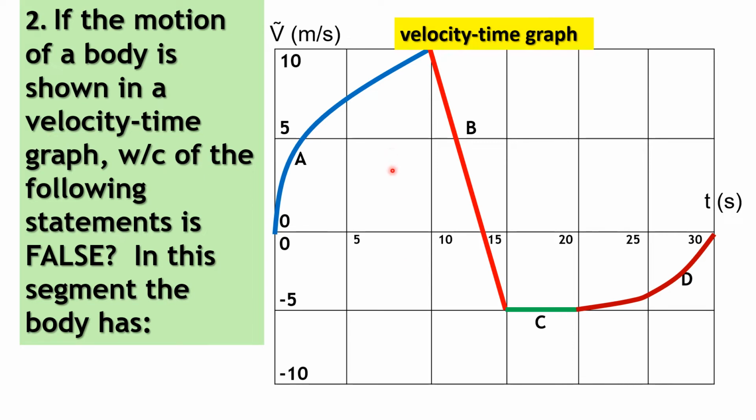That is the slope of a velocity-time graph. It represents acceleration. Both the magnitude as well as the direction of the acceleration can be determined if you analyze a velocity-time graph. Let's begin with graph line A.